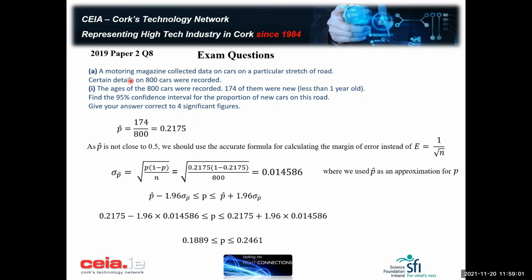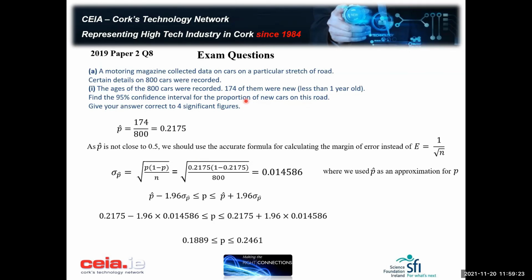They're talking about a sample of 800 cars here. So you are talking about inferential statistics here with a sample, and they're asking you for the proportion of new cars.